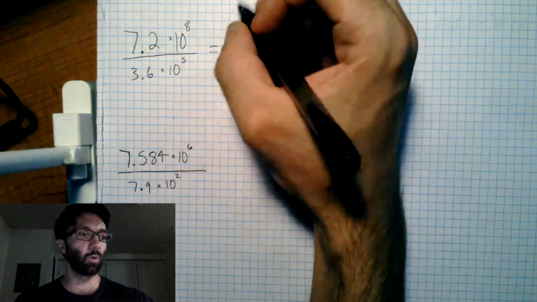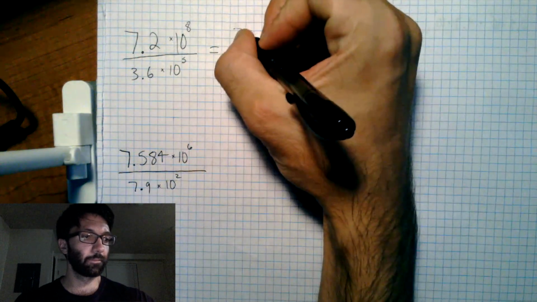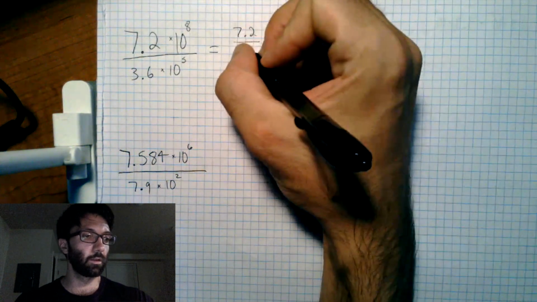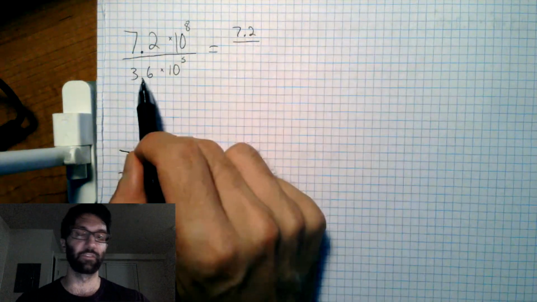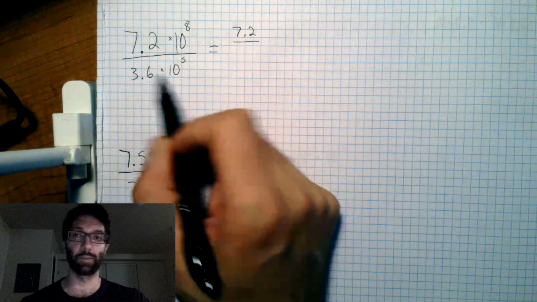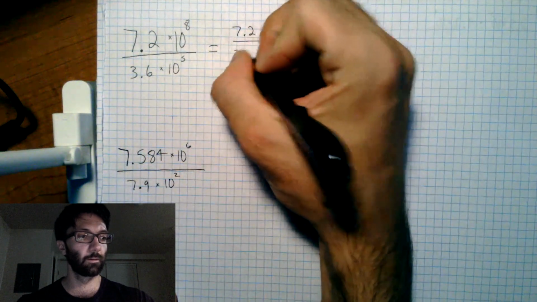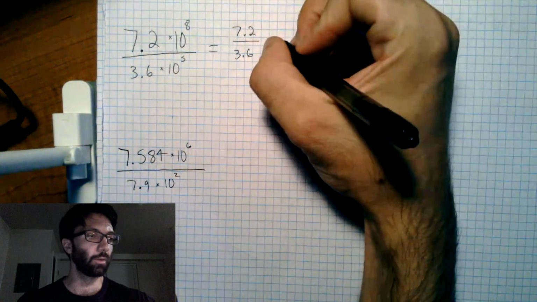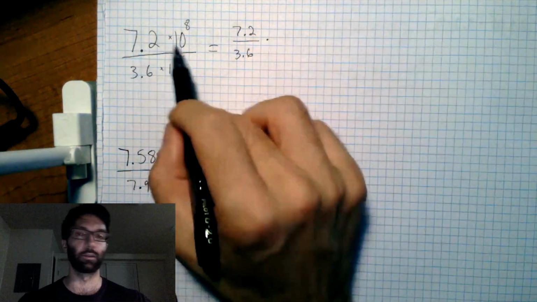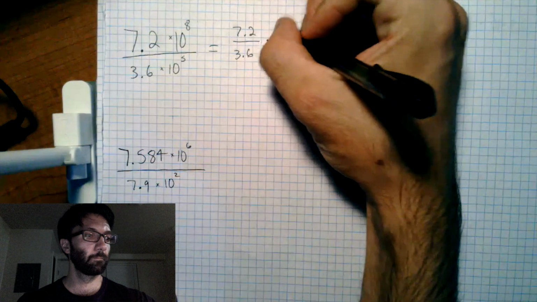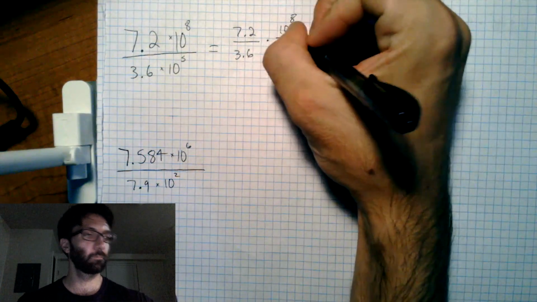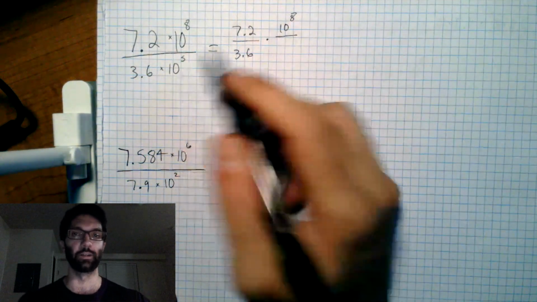And so we can always rewrite that as the first factor in the product divided by the first factor in the denominator. And then we can multiply that by the second factor in the numerator divided by the second factor in the denominator.